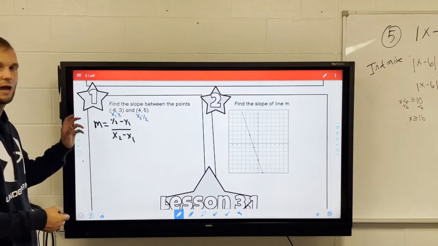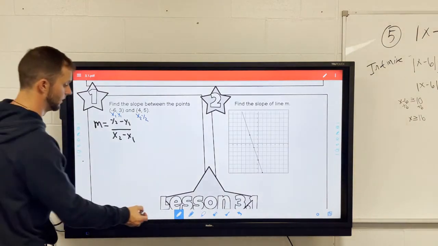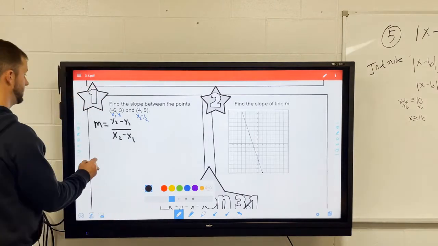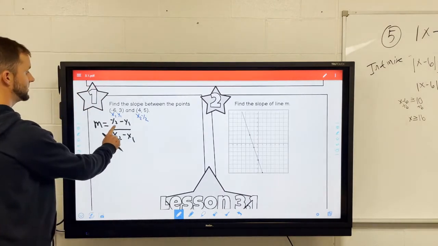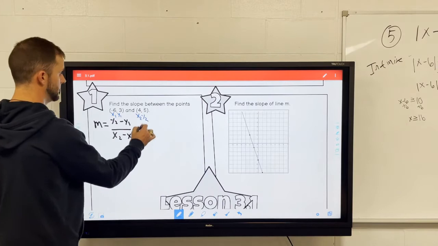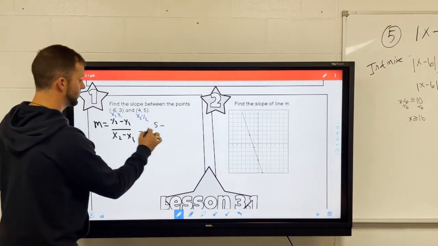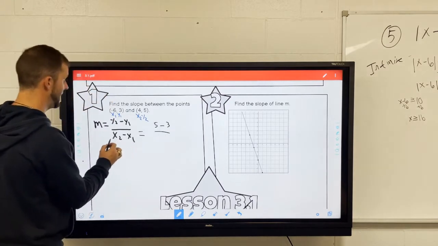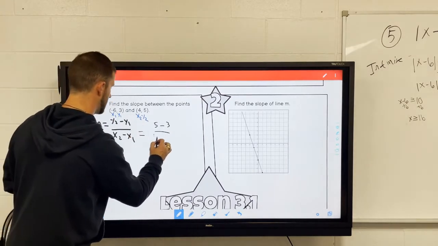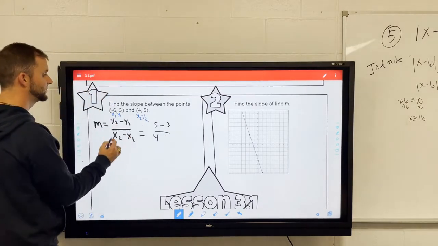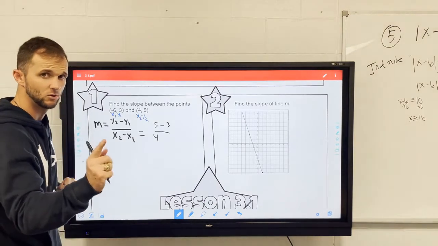Literally all I have to do is plug everything in, okay? So m is going to equal y2 minus y1. My y2 is 5, my y1 is 3, my x2 is 4, my x1 is -6. This is going to be huge, guys, so make sure you understand this.